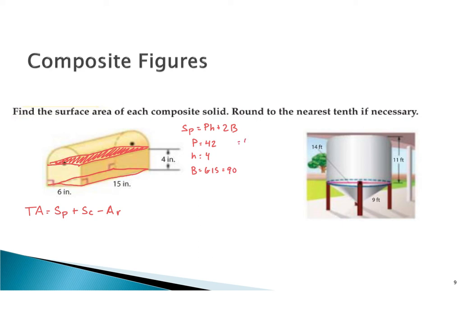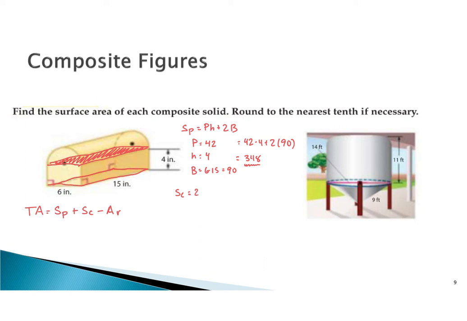So those are all those pieces. Here we go. I got 42 times 4 plus 2 times 90. Plug that into the calculator and you get 348. I'm going to underline that because that's one of my big pieces that I'll need to keep track of. All right, next I have the surface area of the cylinder.